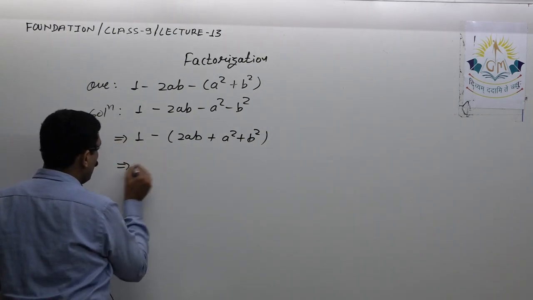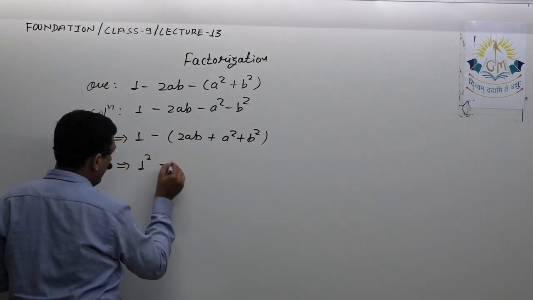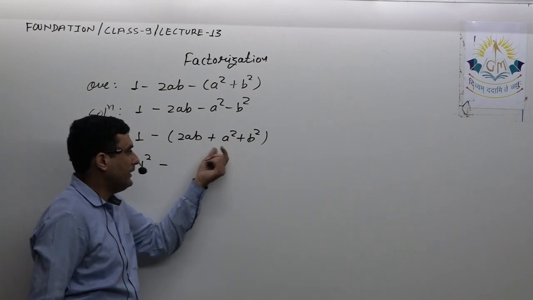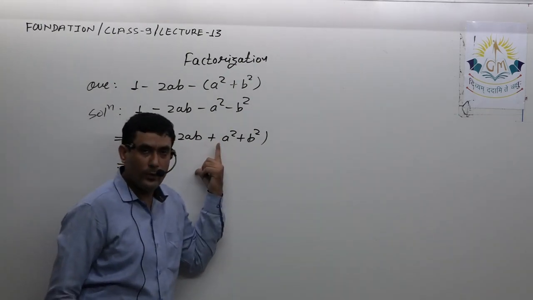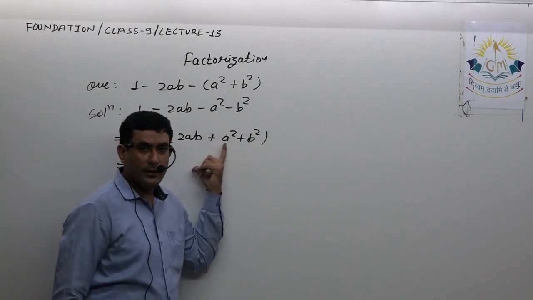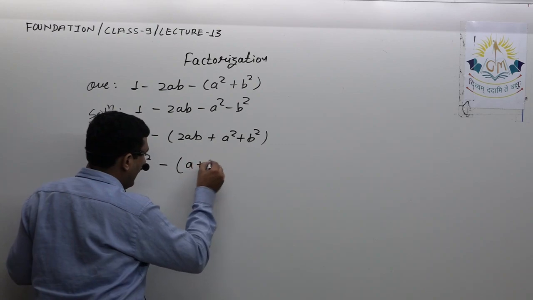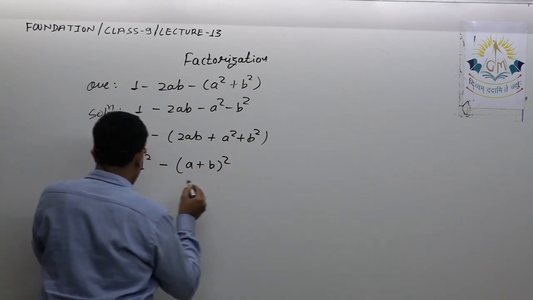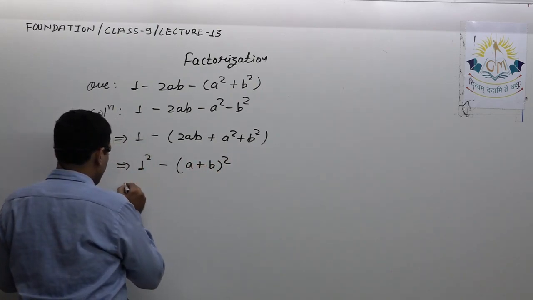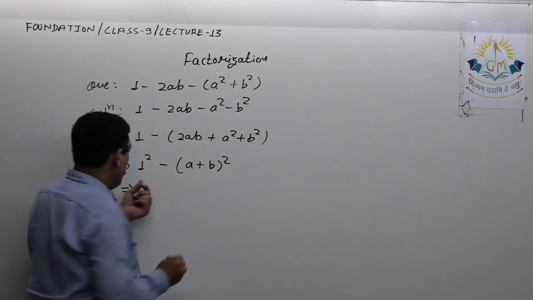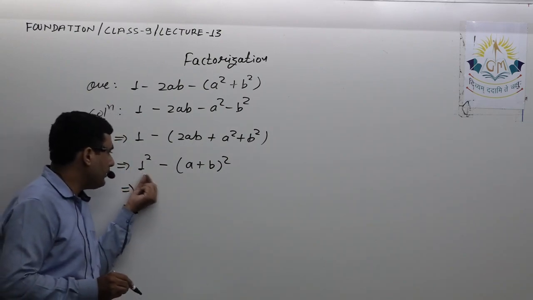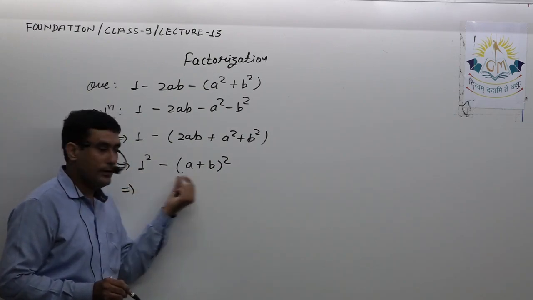Now here this 1 can be written as 1 square, and this, if you observe carefully, is a square plus b square plus 2ab. Only the order is different, otherwise this is clearly the identity of a plus b whole square. So here I can write a plus b whole square. Now again here you can see an identity of a square minus b square, isn't it?